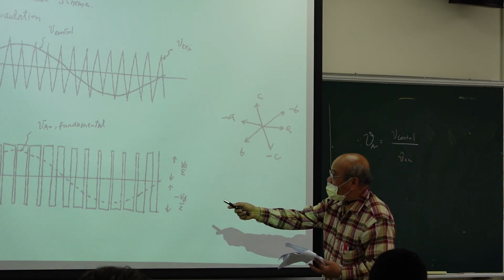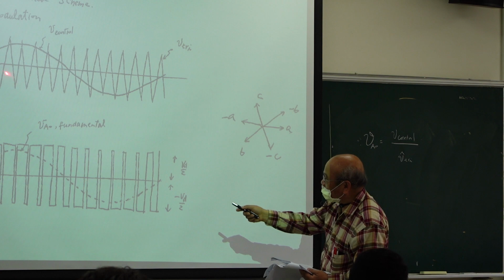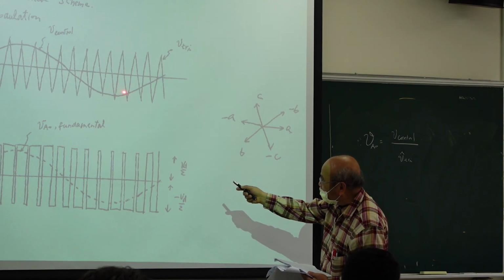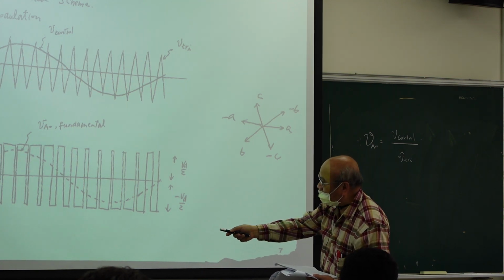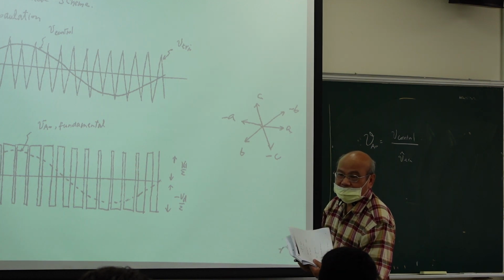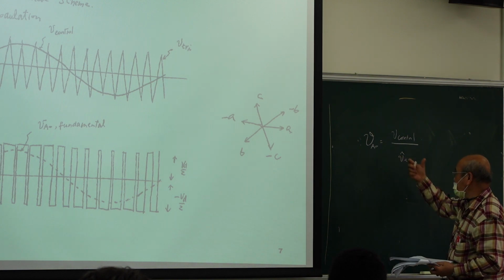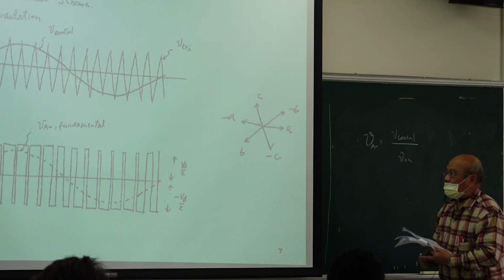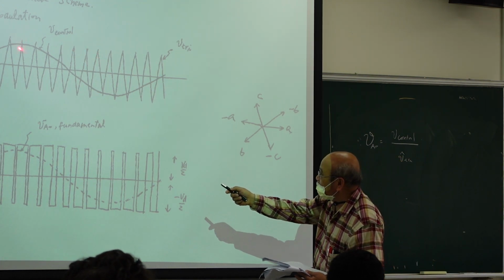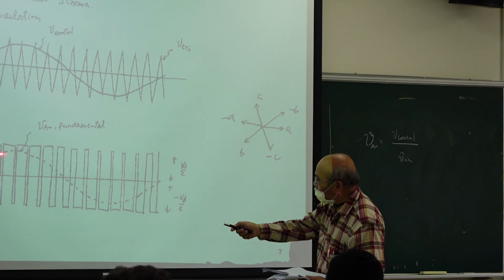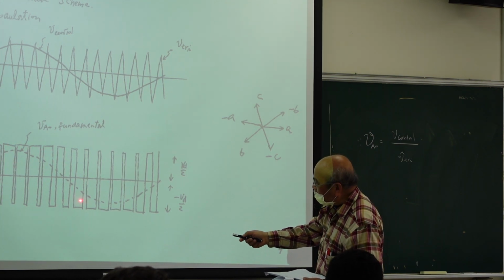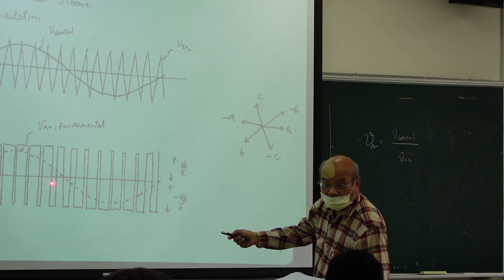If this one is larger, then output is larger. If this one becomes half, sine wave becomes half, output should be half, right? So your output is proportional to MA. So this is MA. However, if this is 1 volt, this is 1 volt, your output is not 1 volt. Your output is maybe 100 volt, right?